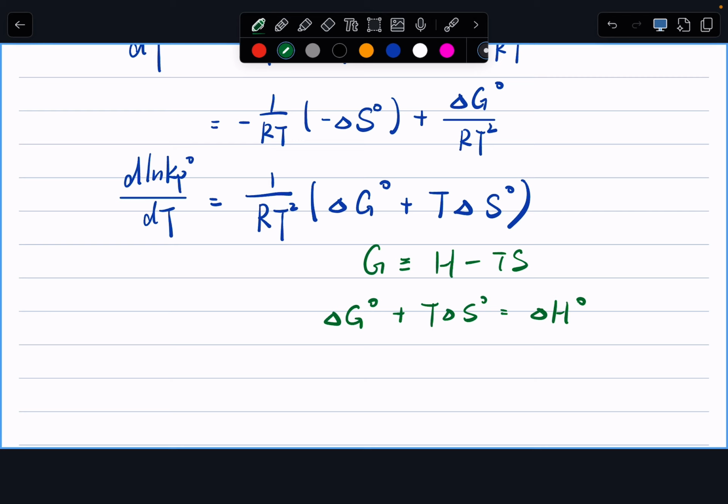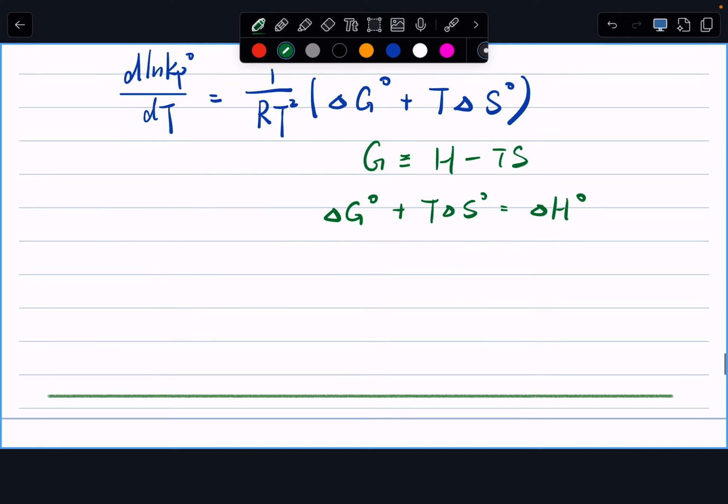We are one step away from our final version of the Van 't Hoff equation: d ln Kp naught over dT equals delta H naught over RT squared.